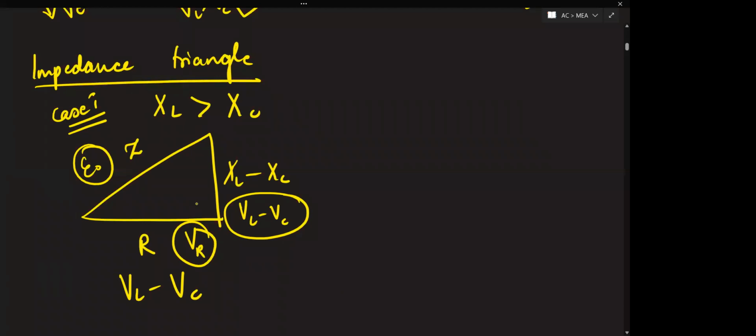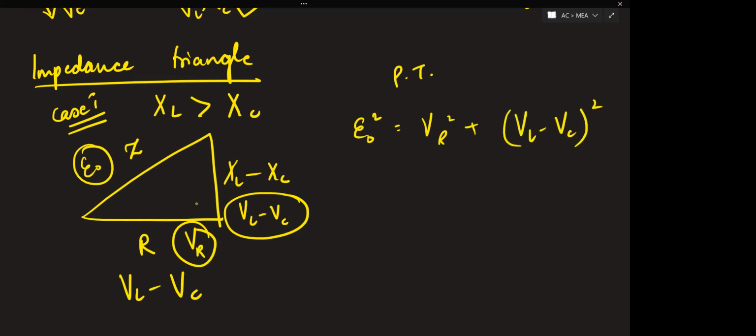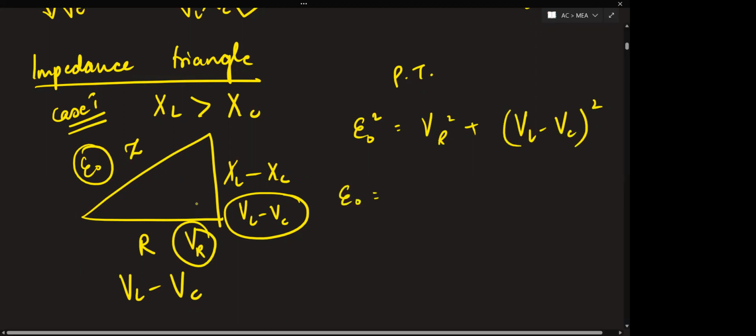So if you use your Pythagoras theorem, you have E naught square equal to VR square plus (VL minus VC) whole square. One more thing you can do.